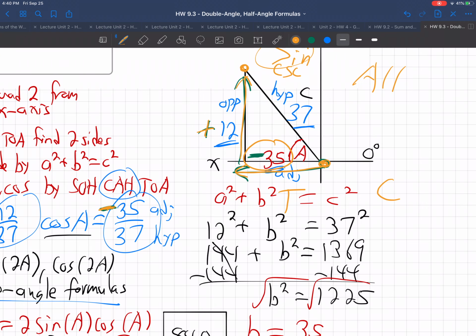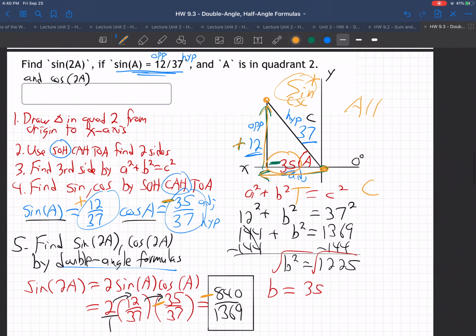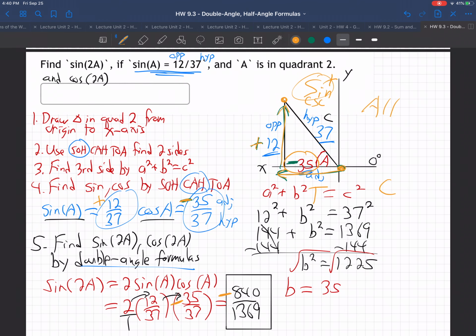You got to watch your signs carefully when you make these triangles, or just remember what quadrant you're in. You're in the second quadrant. All students take calculus, so you know sine and cosecant, its reciprocal, are both positive, and the other four trig functions are negative. So for sure, cosine's got to be negative, sine is positive. That doubly makes sense.